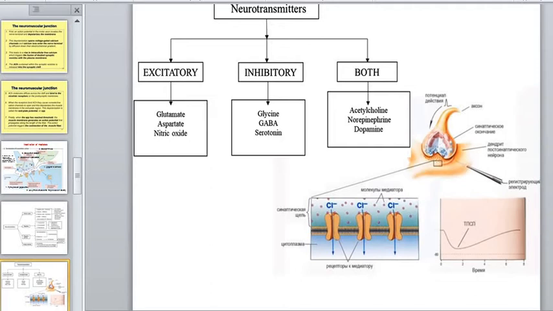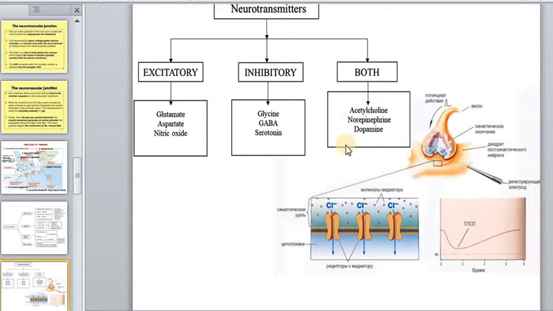If a neurotransmitter is inhibitory, the likelihood of the neuron firing an action potential will be decreased. Examples of these types of neurotransmitter are endorphins, glycine, and serotonin.